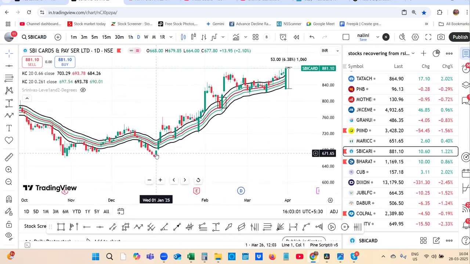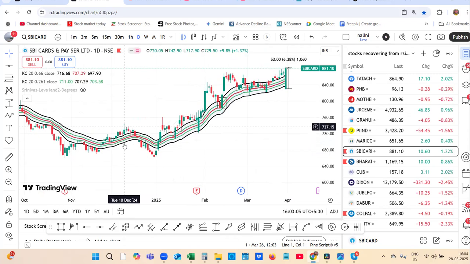So like this, when you see the break of the structure, that means it has to make a higher high. When it makes a higher high, you can wait for the retest of this price to this level. From there, in equity, you could have held this position. So that is around February, it has started its move, I believe. That is January.